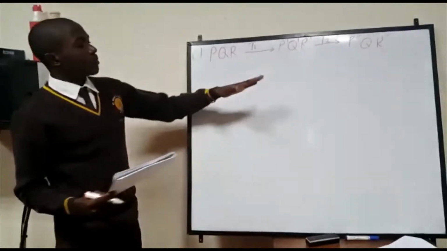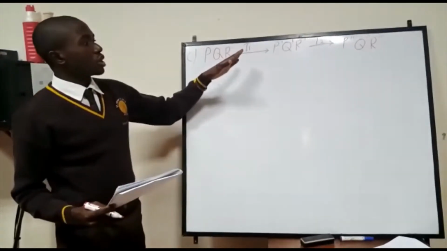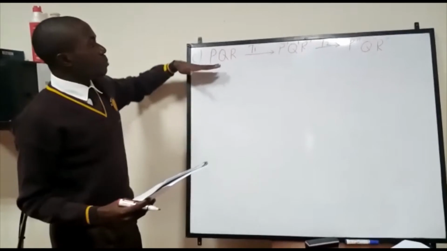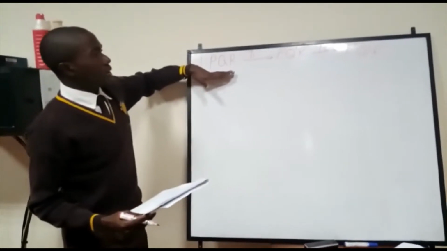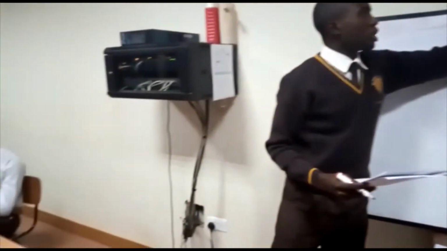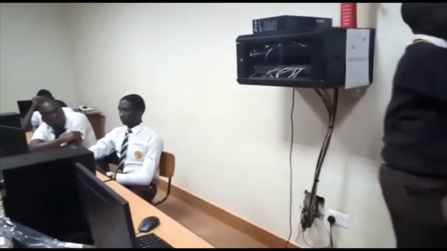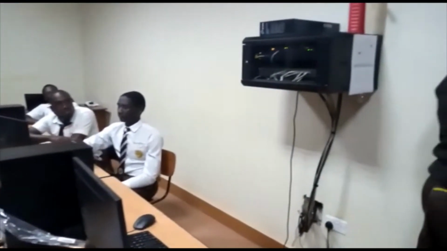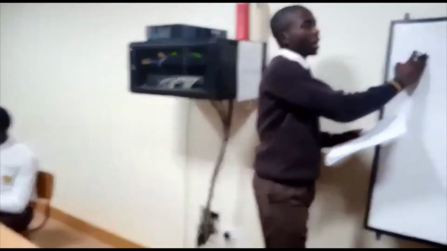We all know that if they tell us to get a single matrix that maps PQR to P double prime, Q double prime, R double prime, we pre-multiply T1 with T2. But in this case, they have said we should get a matrix that will map P double prime, Q double prime, R double prime back to the original triangle.